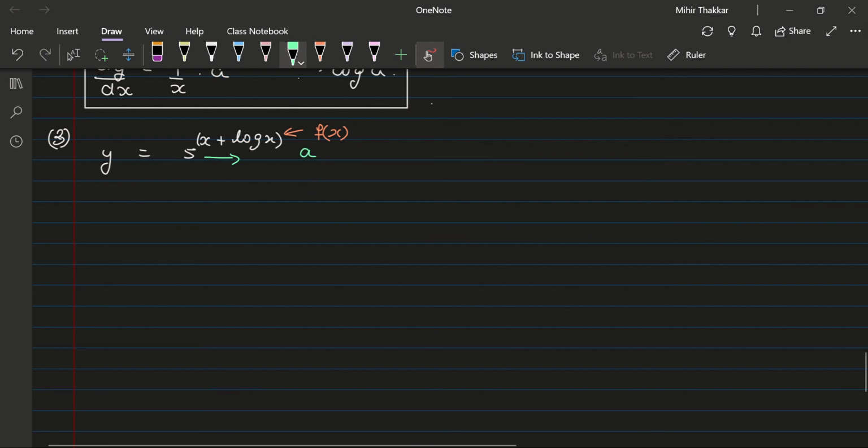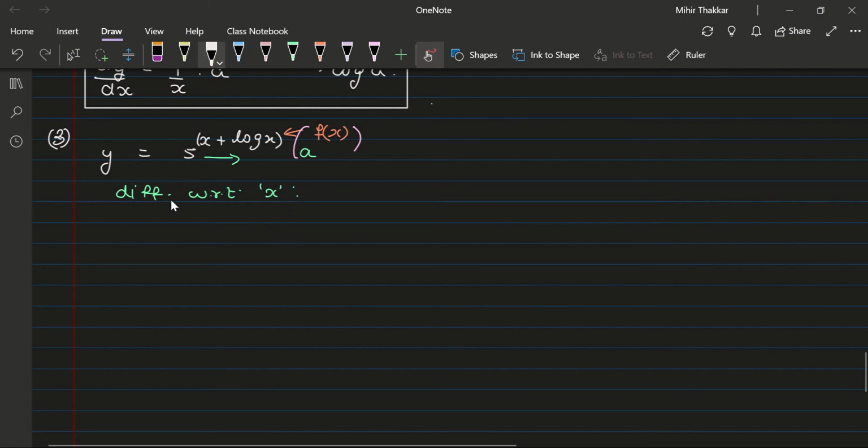So once again, I come across a question of the same type, a raised to f(x). So I know the formula, a raised to f(x) into log a into derivative of f(x). So when I want to find the derivative, I will write, differentiating with respect to x.